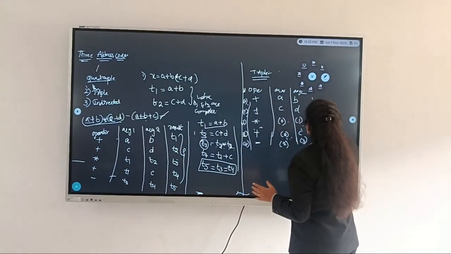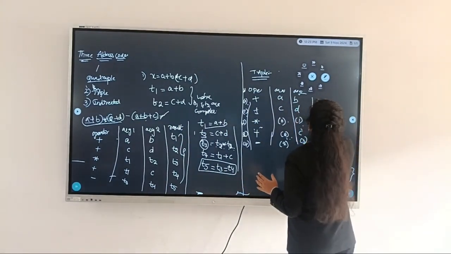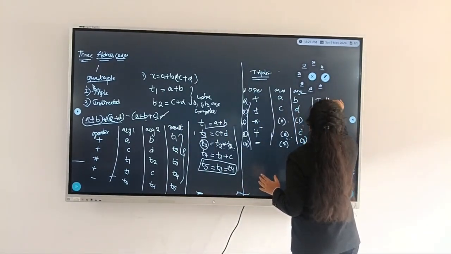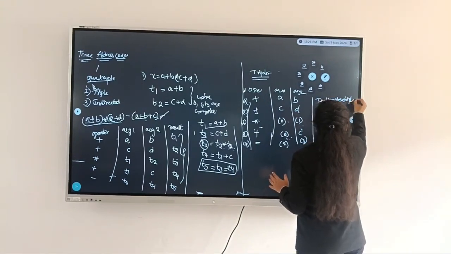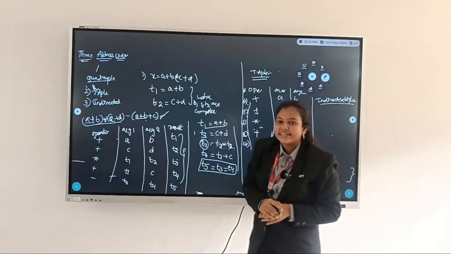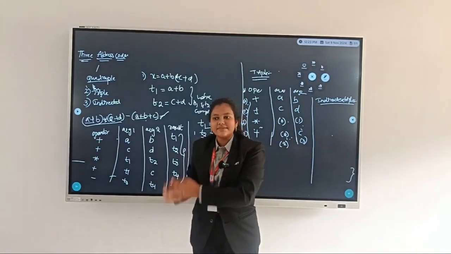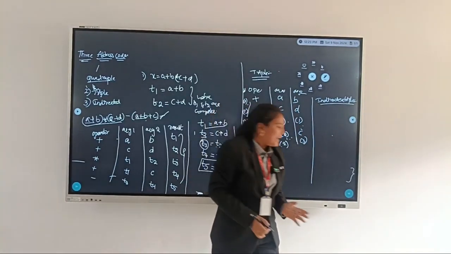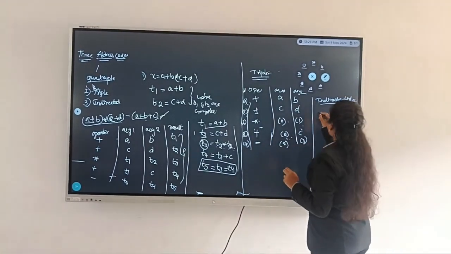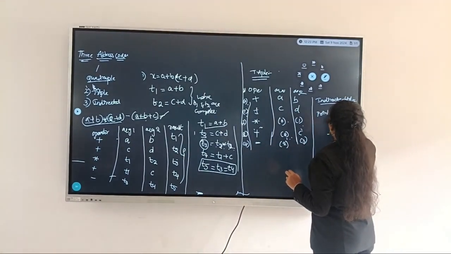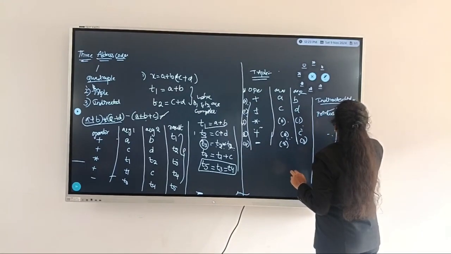Well, coming to the third one, indirect triple. Indirect triple is very similar to triple, but it contains another field with pointers and the address pointer.